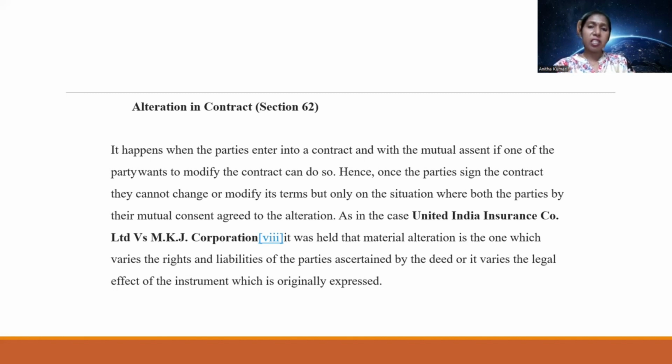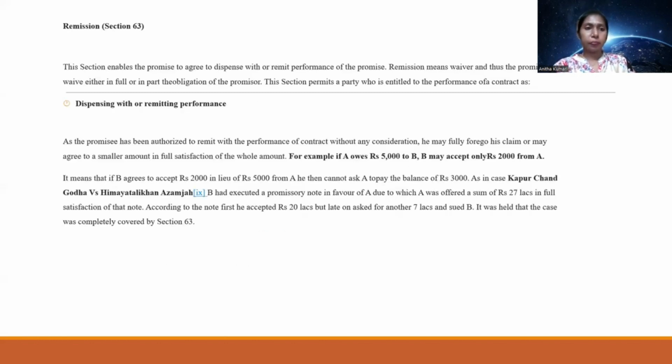The document which describes the partners' responsibilities, everything, that document is called a partnership deed. You will be studying it under the Partnership Act. So if any modification is done in this partnership deed, it is not valid, it is void. So if such kind of activity is involved in any contract, that cannot be executed.